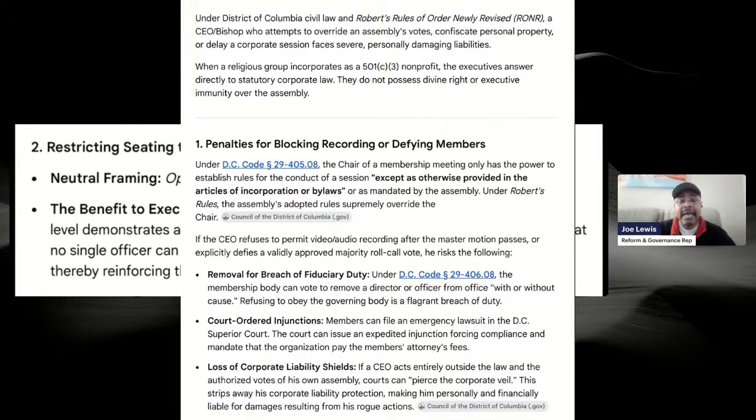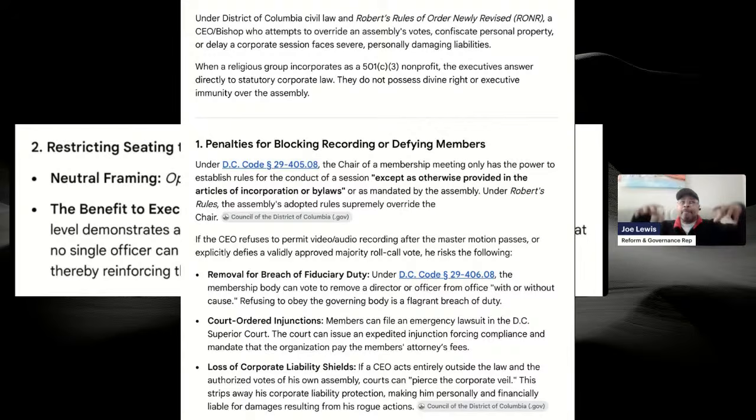Loss of corporate liability shields. A CEO has a fiduciary duty to act on behalf of the organization's best interests and its members. The law knows that people may file fraudulent charges and try to sue you or the organization that you represent. They know that.